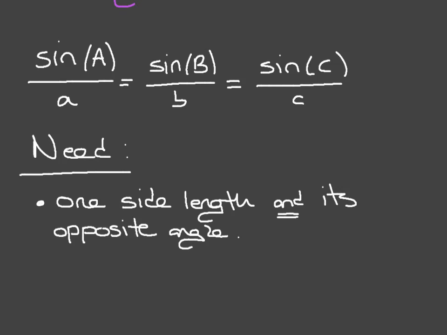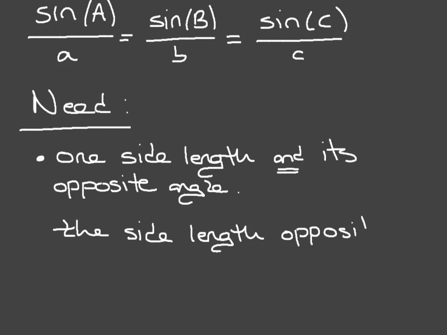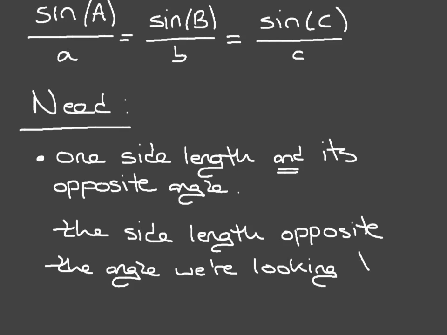And the second thing we'll need is the side length which is opposite the angle we're looking for. You may want to make a note of that. When we use the sine rule to find unknown angles, these really are the two bits of information we'll always need.